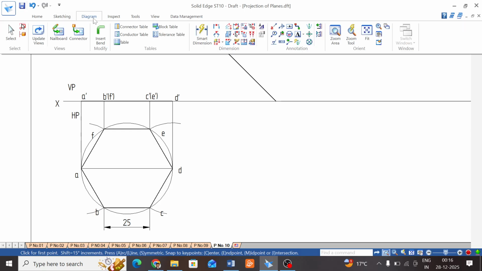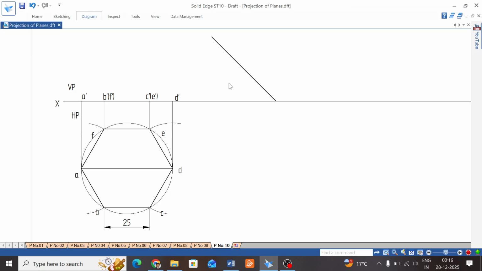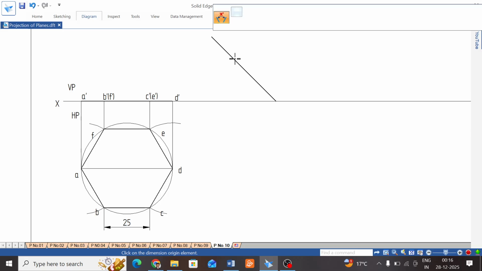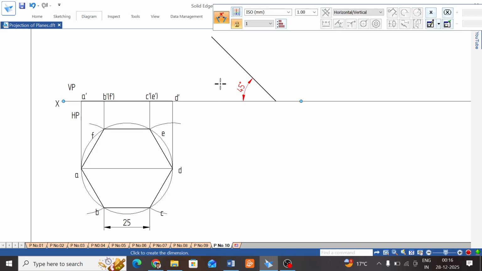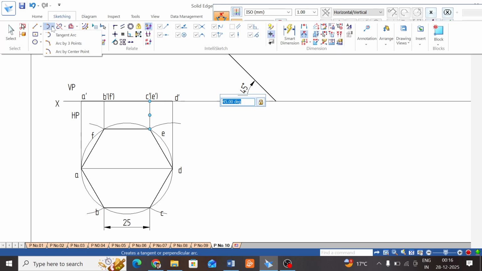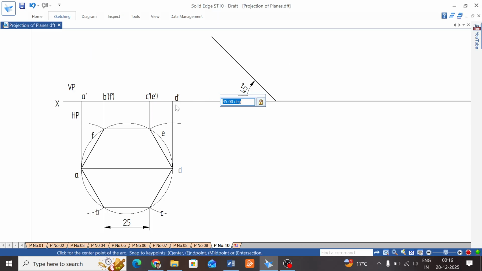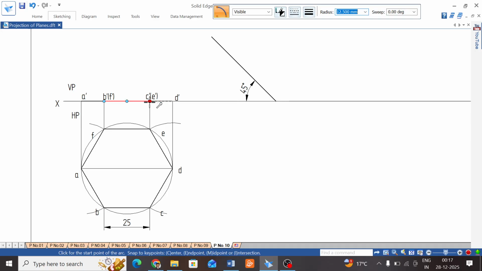First show the angle, then mark those letters a dash, b dash, c dash, and mark the inclination 45 degrees. Then measure the distance of d dash to c dash. Here d dash to c dash is 12.5. Taking the compass at 12.5, total length is 50, you cut it.